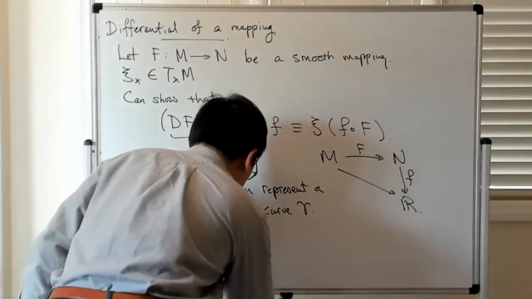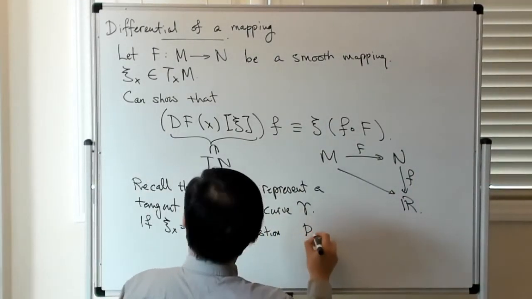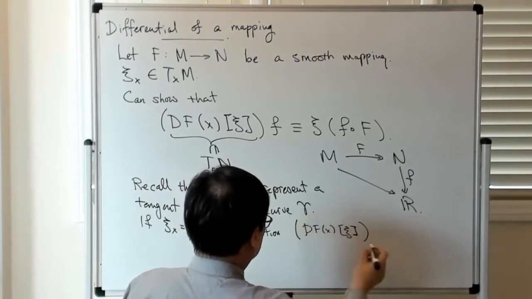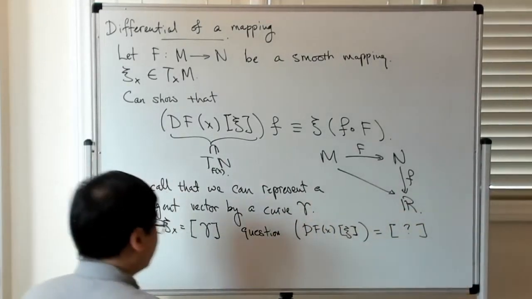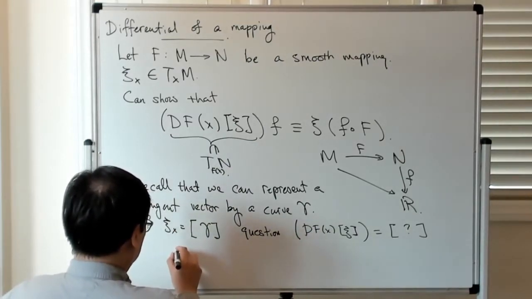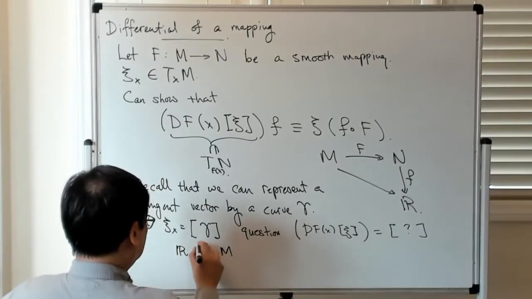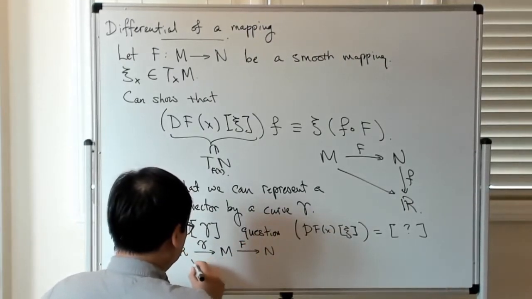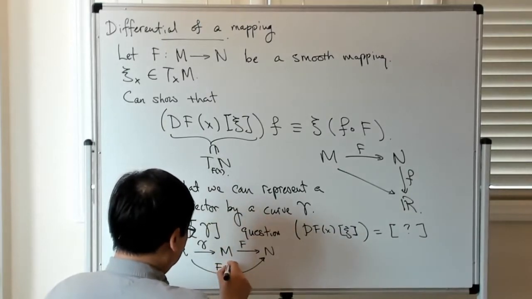Then the question is, what does dF at X acting on C, what curve is this associated with? The way we see this is that gamma is a map from the reals to M, and of course we have a map from M to N via this F. So the natural curve to be looking at is this composition, F composed with gamma.